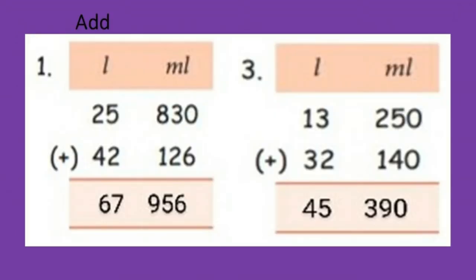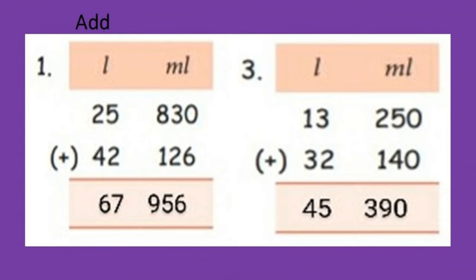Add the following numbers. First one, 25 liter 830 milliliter plus 42 liter 126 milliliter. We have to write the numbers according to their order, that is digit-wise, and we have to separate liter and milliliter.